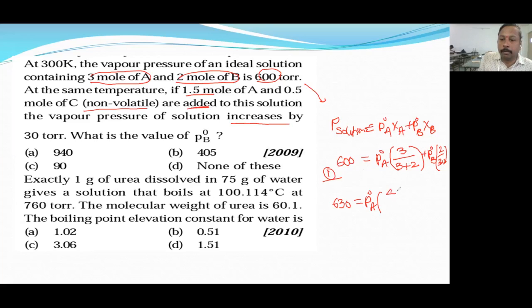That means it will be 4.5 divided by 4.5 plus 2 plus 0.5, since C moles are 0.5. Same way, P naught B again will be P naught B. Moles of B remain as 2 only, so 2 divided by 4.5 plus 2 plus 0.5. So on simplifying, we will get something like this.